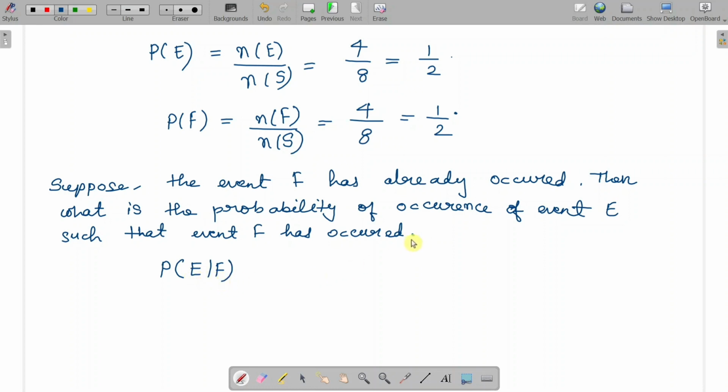So now what will happen is, since we have to take that F has already occurred, our new sample space will be F. So instead of S, now our new sample space will be F because this event has already occurred, okay.